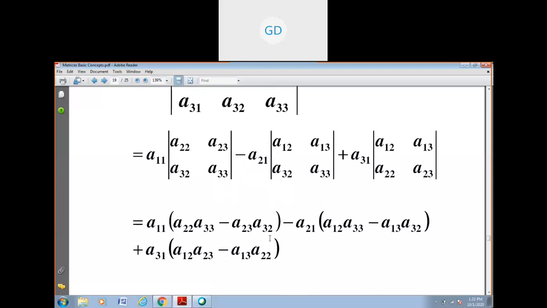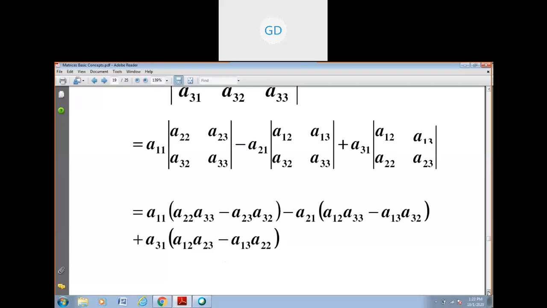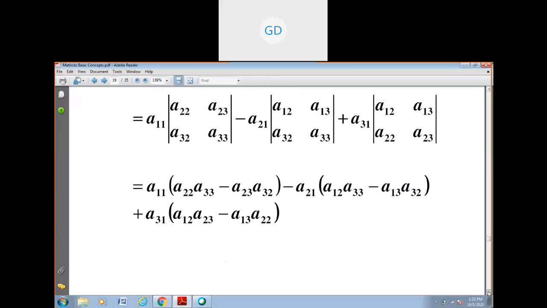And finally we have this step after cross multiplication. Within the determinant we have to consider its cross multiplication like this. And just simplifying this, whatever value we get, that is the value of the determinant.